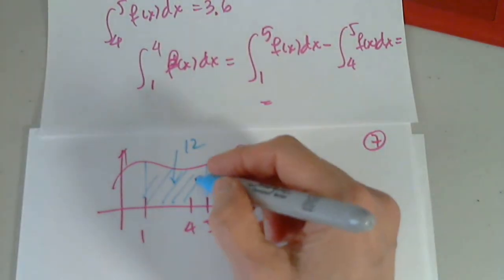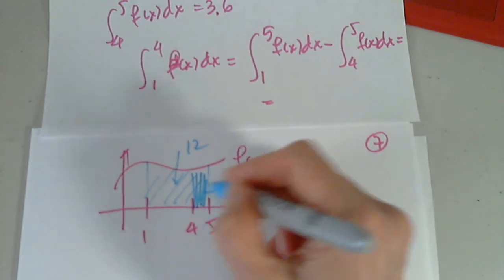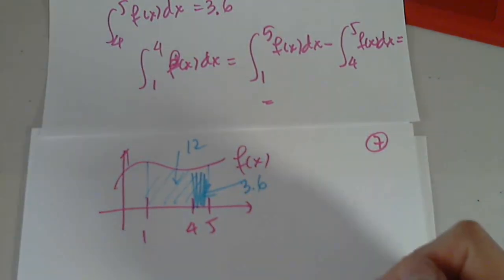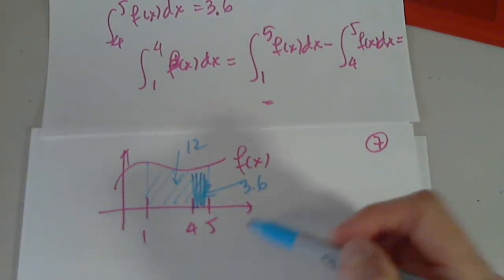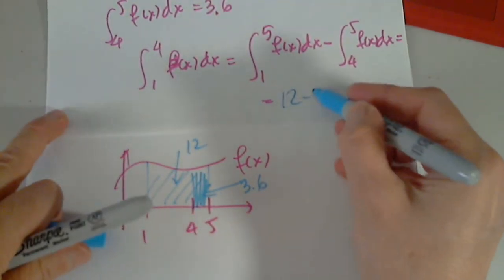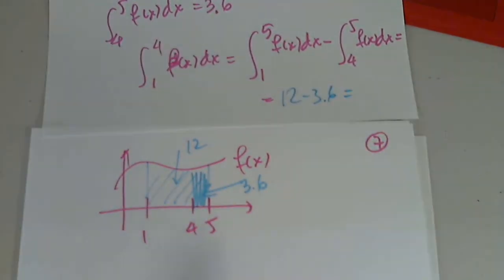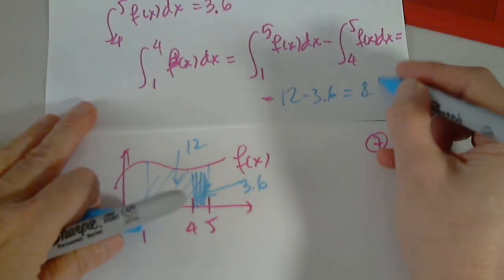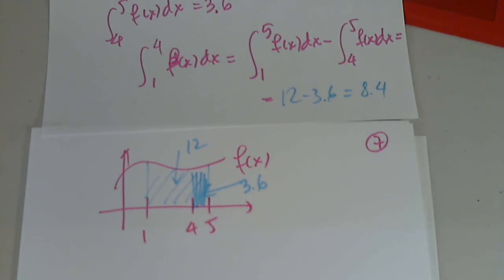The integral from 4 to 5, which is this area, is 3.6. So then the integral from 1 to 4 will be 12 minus 3.6. So what is that? Is that 8.4? Correct me if I'm wrong. Yeah. Okay.